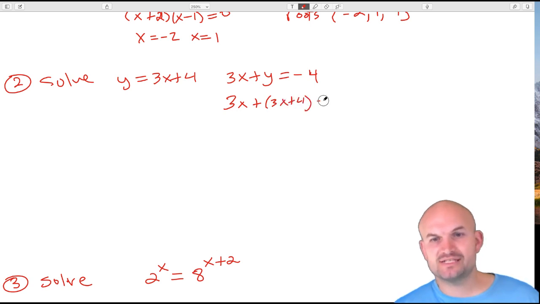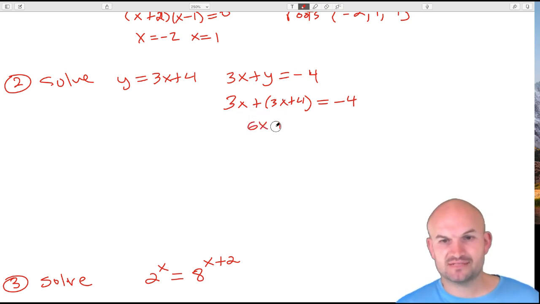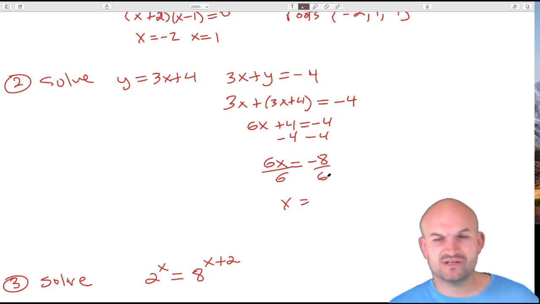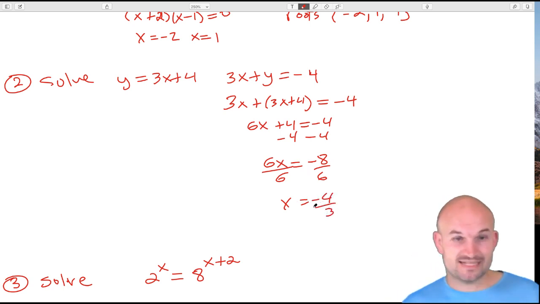And I'm going to use parentheses to represent that I am replacing y with 3x plus 4. Now I can just simplify. That becomes 6x plus 4 equals negative 4. Subtract 4. 6x equals negative 8. Divide by 6, divide by 6. x equals, you can divide by 2 on top and bottom, negative 4/3.